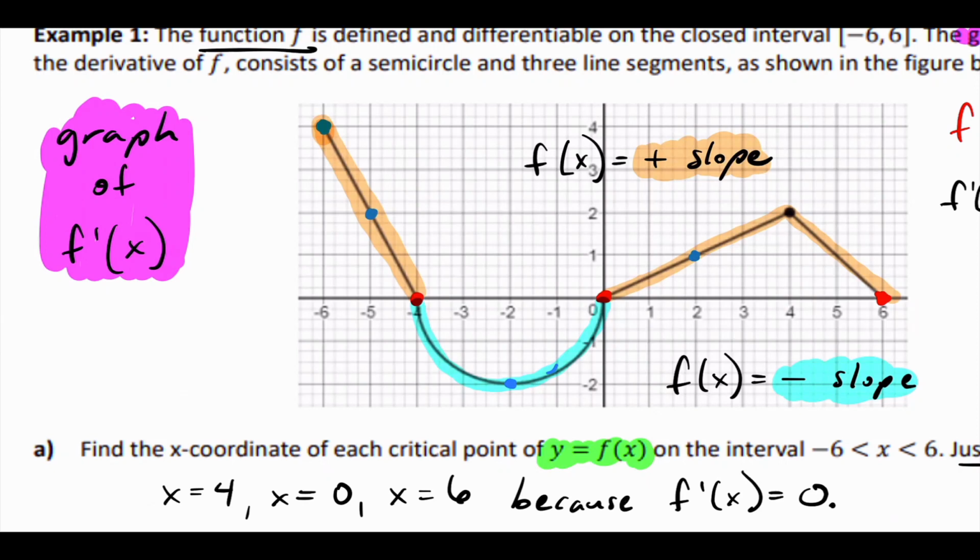Negative y values on f prime equal decreasing on f of x. That's what we're looking for. So when do you look for an increasing or decreasing? Positive y values or negative y values. Okay, so decreasing: negative y values start at -4 and go to 0. -4 to 0.